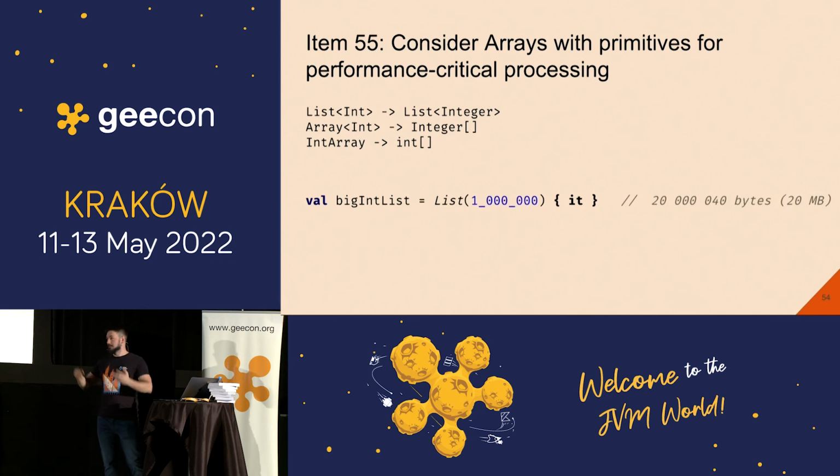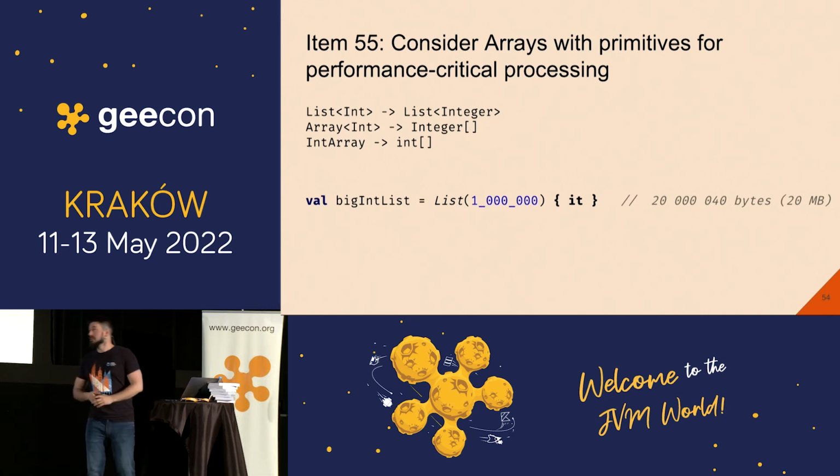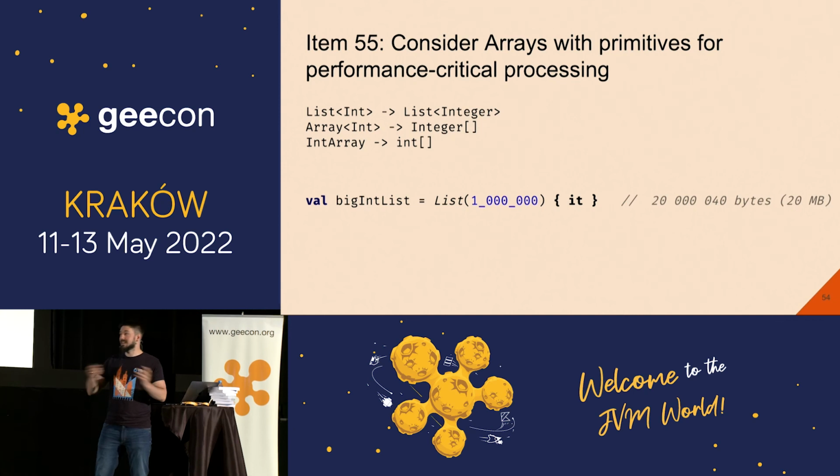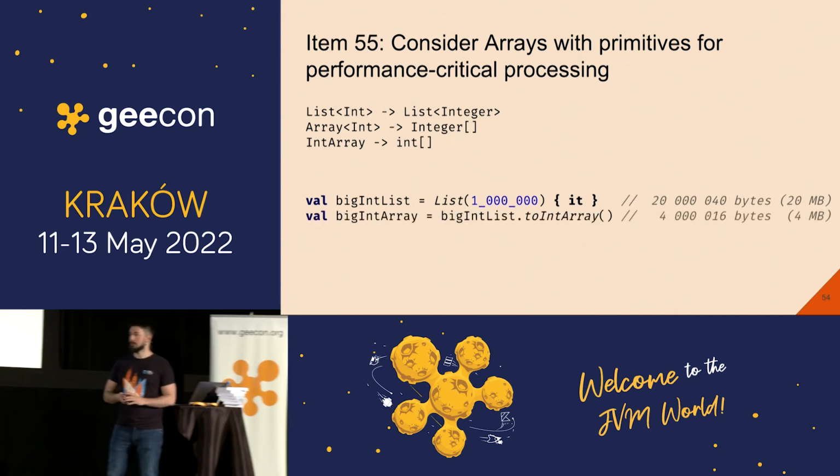A list of wrap types is much heavier. If you have a list with 1,000 million integers, it should weigh around 20 megabytes of data. And if you have exactly the same, but an array of primitives, it should weigh around 4 megabytes of data.